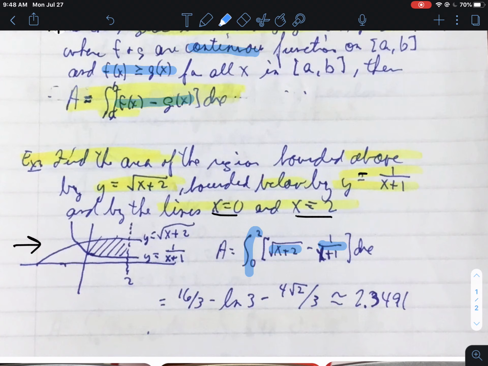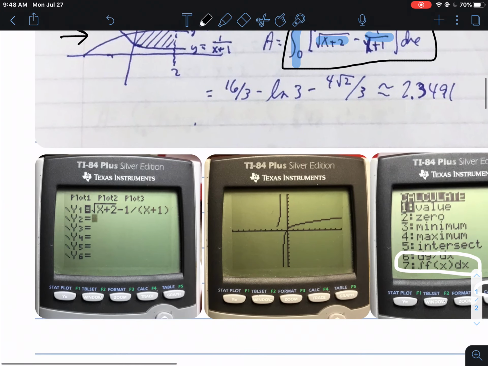So here's what you do. Once you set up your integral, don't worry about the two individual functions. Once you set up the integral of f of x minus g of x, it's a matter of evaluating the integral. So I'm going to put my integrand, square root of x plus 2 minus 1 over x plus 1, into our y equals editor, and then graph it just to give yourself a visual.